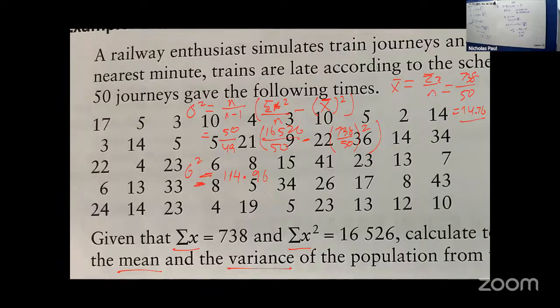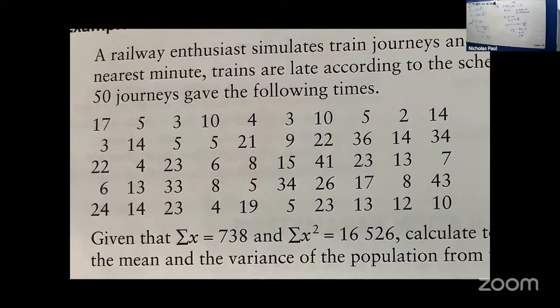So we calculated the variance, we calculated the mean. How would you calculate the proportion of fives? Count the number of 5s in there and divide by the total. Real simple. So just do a quick estimate.